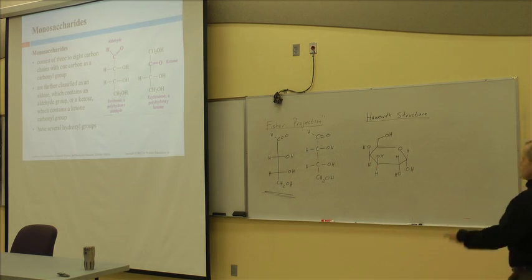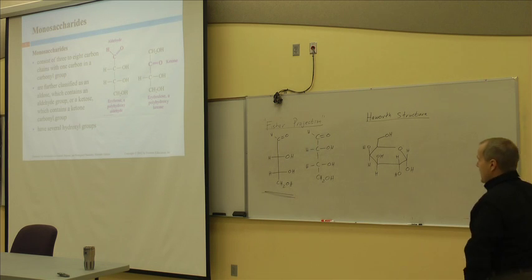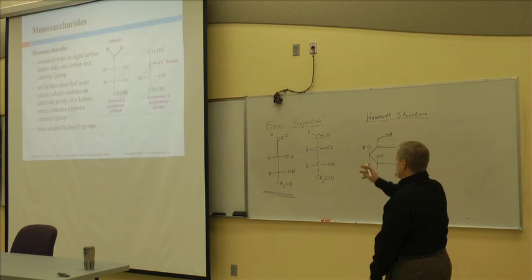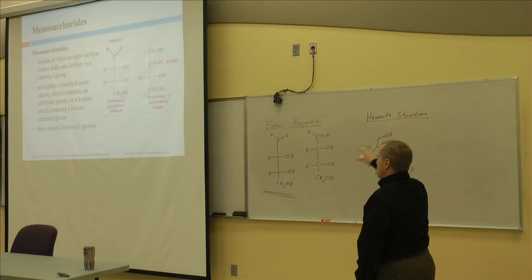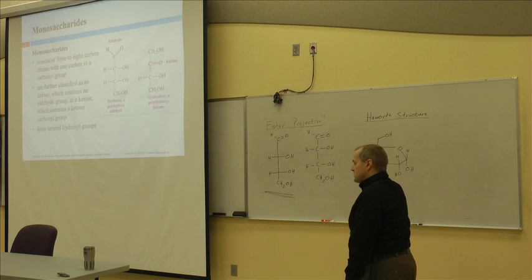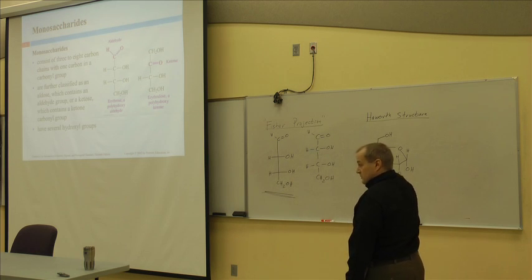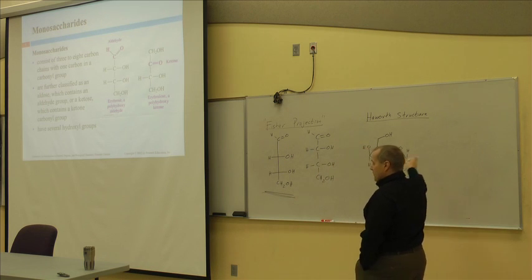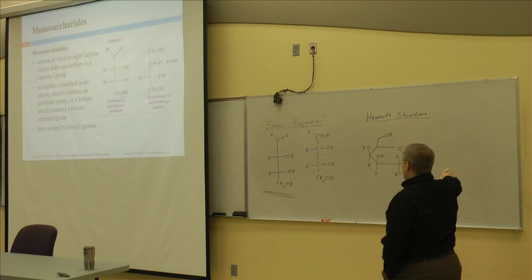For now, those are your two basic types of examining carbohydrates or sugars, the Fisher and the Haworth structure. Both have their pitfalls and both have their advantages. We'll use the Fisher for some things, and the Haworth for other things. But just put them in your notes, get an idea what they look like.